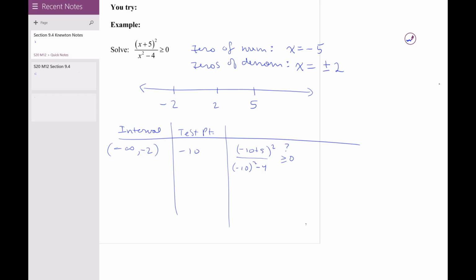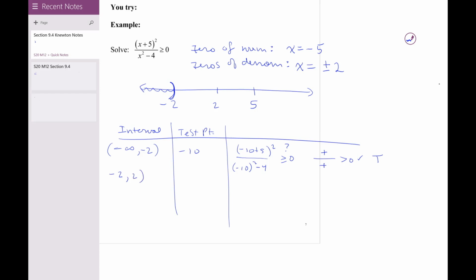Well, the numerator is always going to be positive because it's a squared quantity. And then here, 100 minus 4, that's going to be positive. So it's true that the ratio is positive when we're in this interval from negative infinity to negative 2. And we can't include negative 2 because it would make the denominator 0.